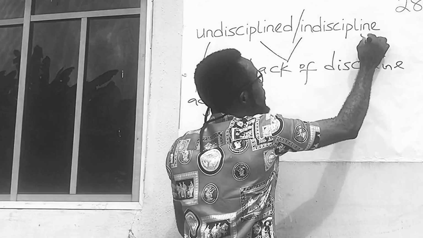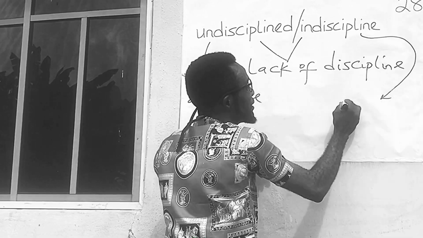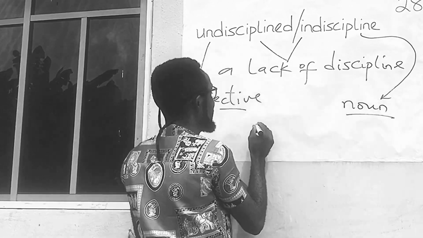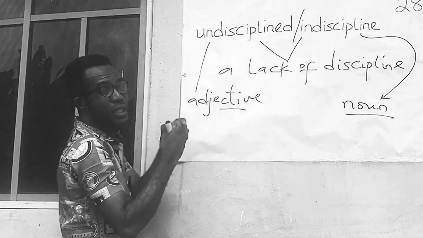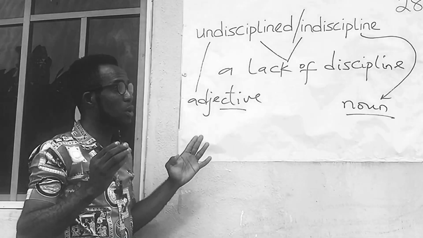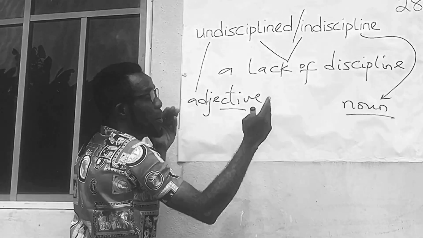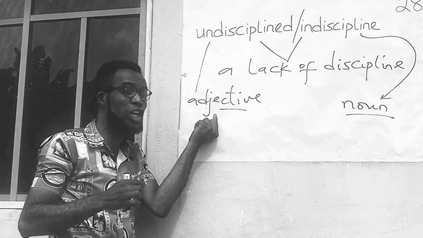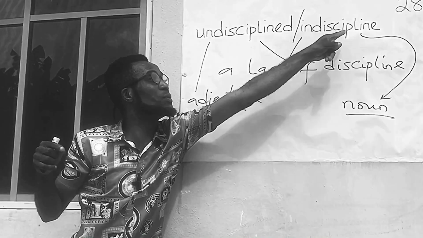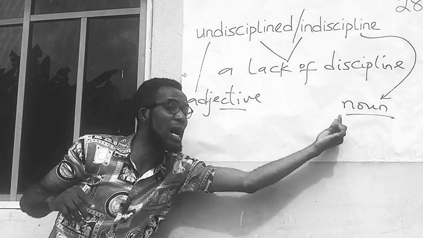While indiscipline exists as a noun. It is a noun word. So, they have the same meaning, but they do not have the same part of speech. Undisciplined existing as an adjective, while indiscipline existing as a noun.